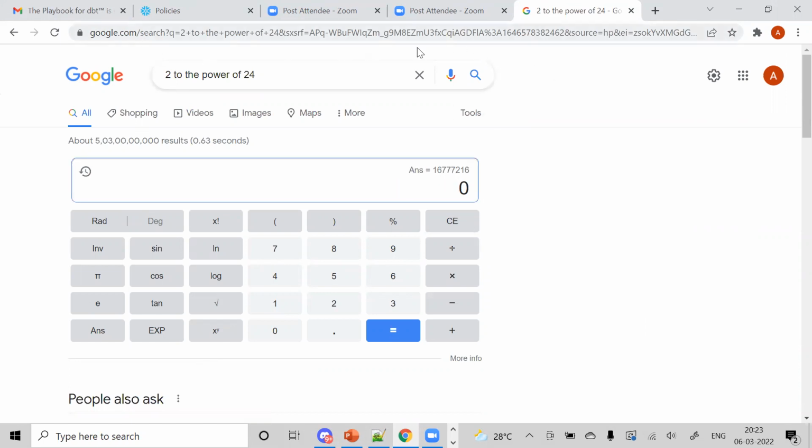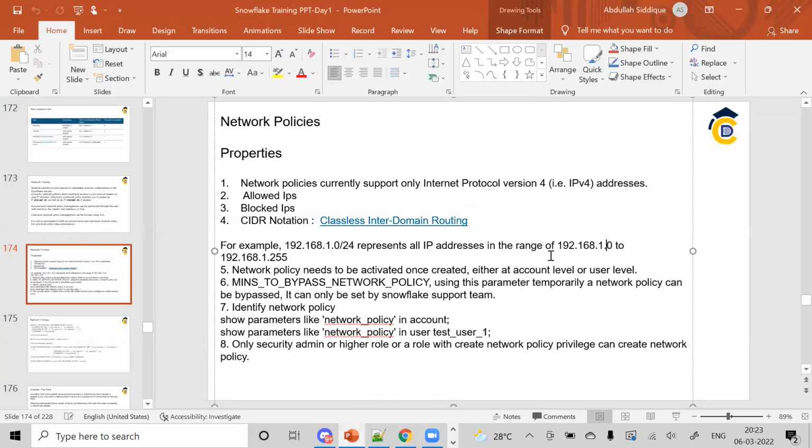We need to check exactly. It is some exponent of 2 from which 255 comes. Not sure of what, but I'll check and let you know later. But as you can see, it is a range from 0 to 24, meaning 0 to 255. So I need to check on what power 255 comes.